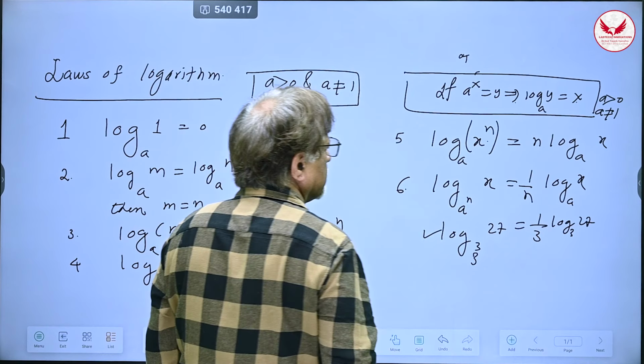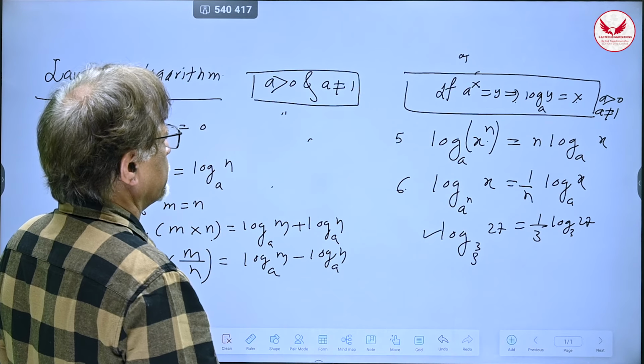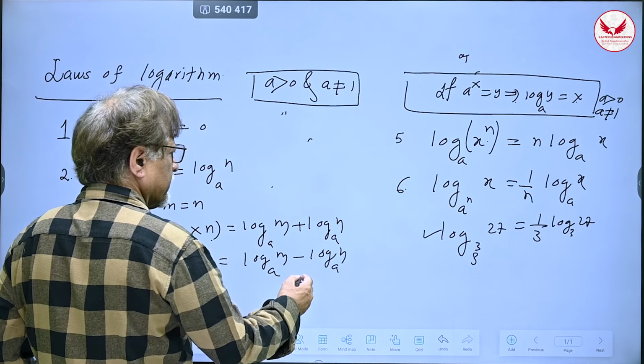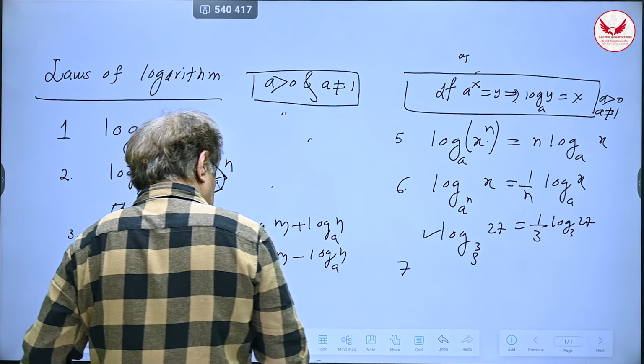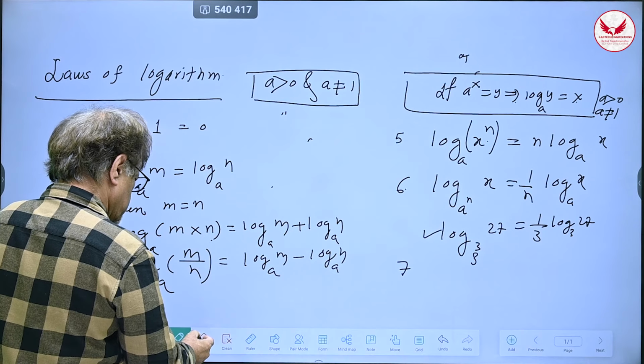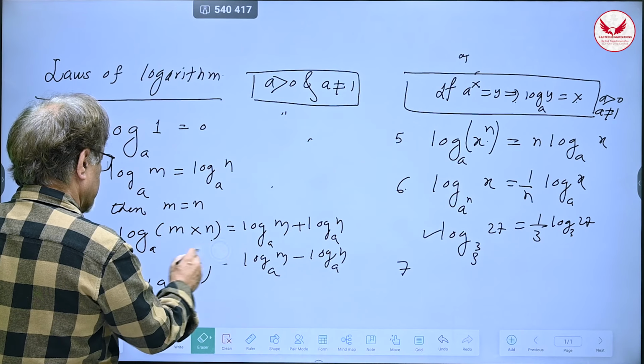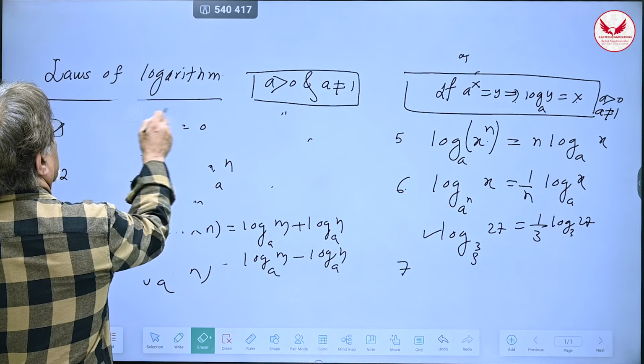Okay. Now, next law. But before I introduce the next law, I want to remove everything here because that's a very important law that I'm going to do.